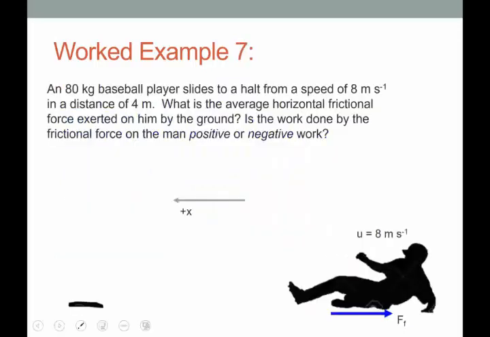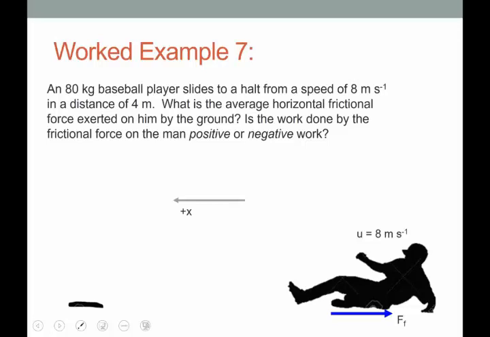Let's look at worked example 7. There's an 80 kg baseball player and he slides to a halt from a speed of 8 meters per second in a distance of 4 meters. What is the average horizontal frictional force exerted on him by the ground?